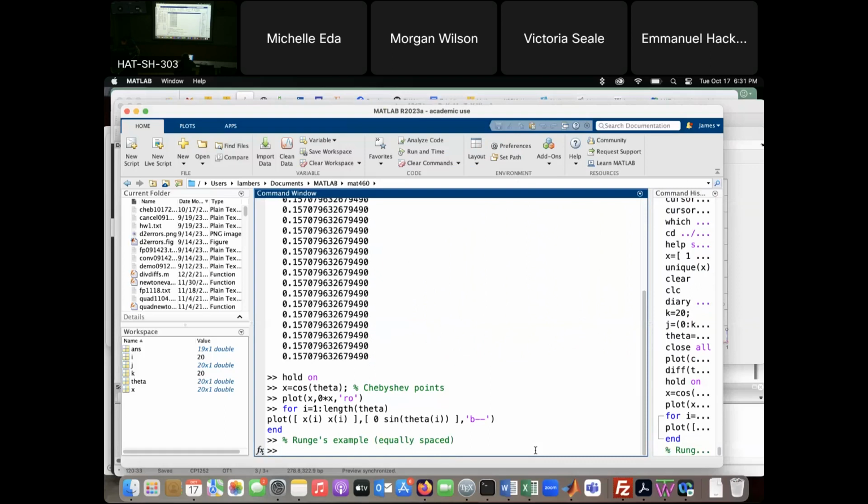So first, I'm going to define a function f(x) to be 1 ./ (1 + x.^2). I'm using the dots because I want to be able to plug a vector into f(x) and have it work.